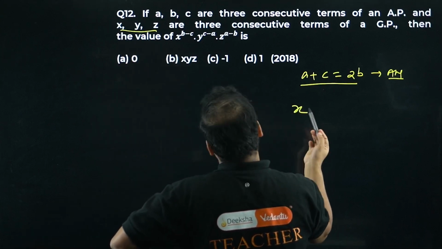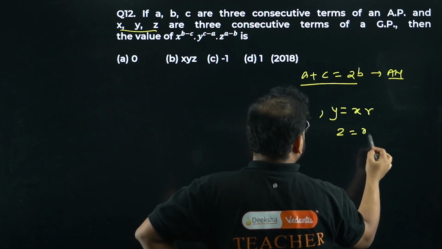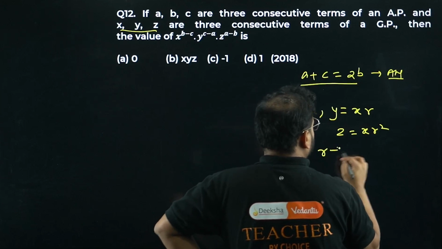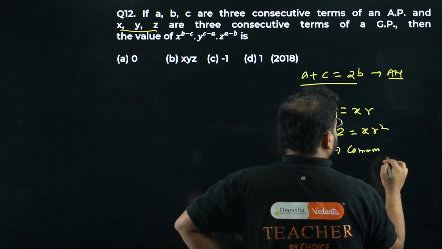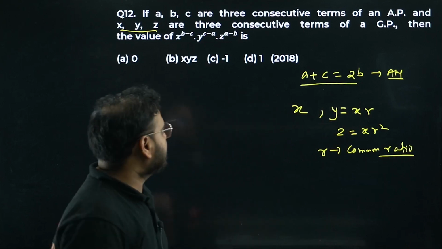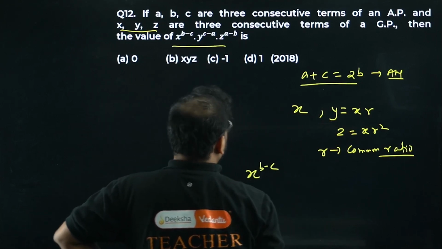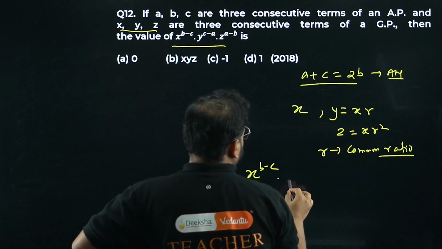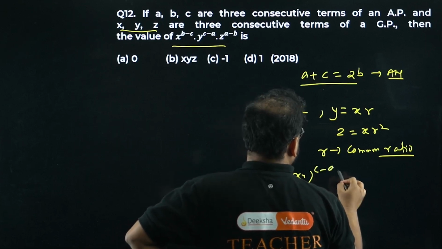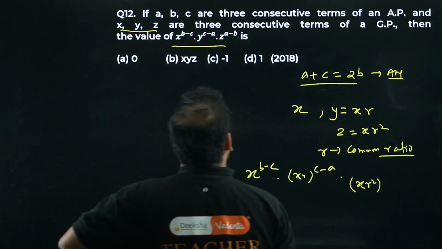It means if the first term is x, I'll have y equals some constant x into r and z equals some constant x times r square. What is r? The common ratio, some constant. We don't know that, but it's just some constant common ratio. Now we'll use the values they have given. So x power b minus c, and I can write y as xr power c minus a, and write z as xr square power a minus b.